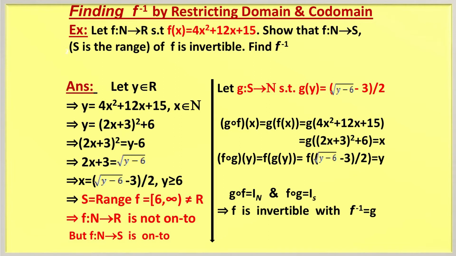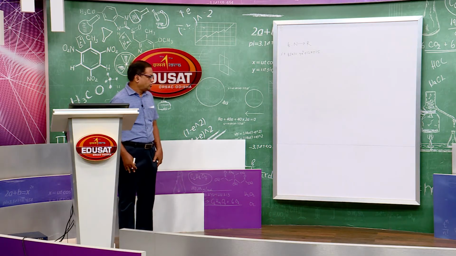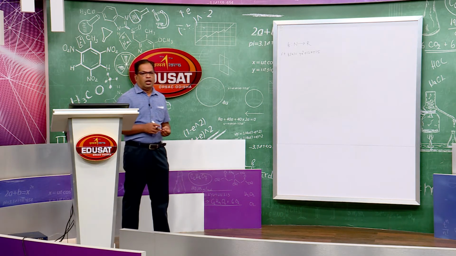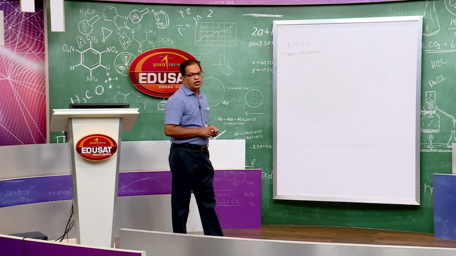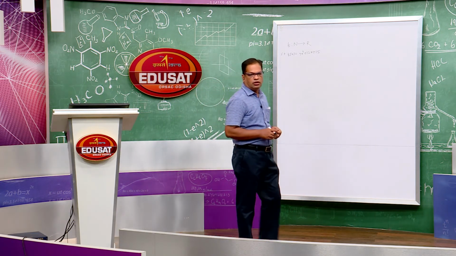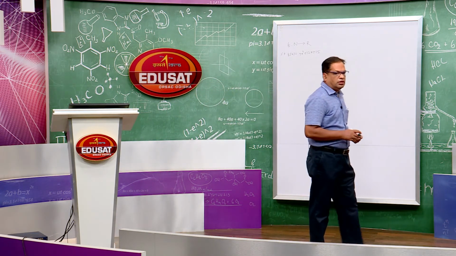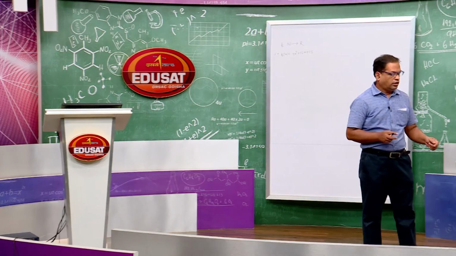We have to show that f is a function from N to S, where S is the range of f, and then find f inverse. First of all, whether this function is invertible or not. If it is one-one and onto, then it is invertible, so we should test for one-one and onto.